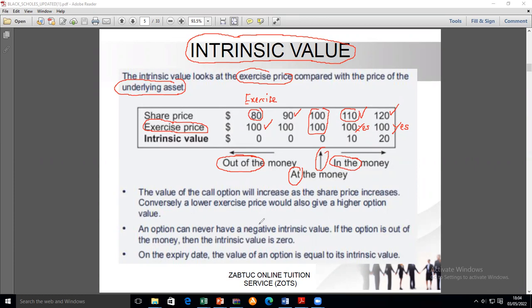If the option is out of the money, then the value is simply what? 0. On the expiry date, the value of an option is equal to its intrinsic value. So this is how we calculate the intrinsic value of an option.